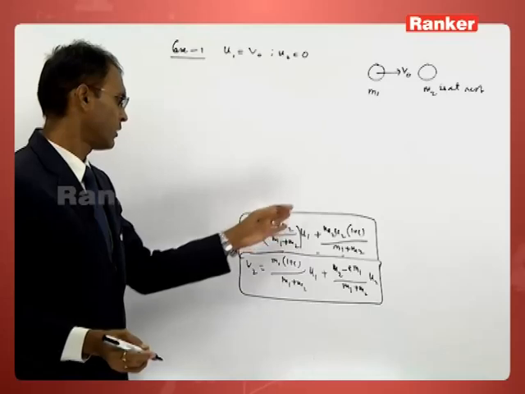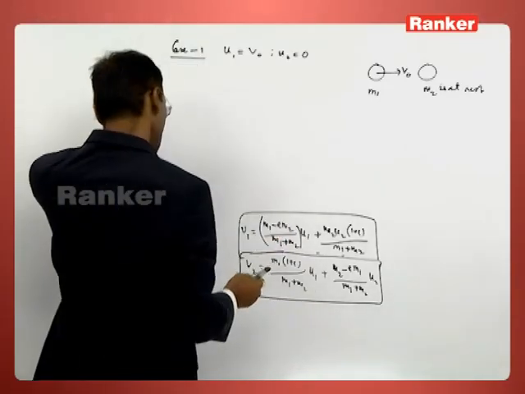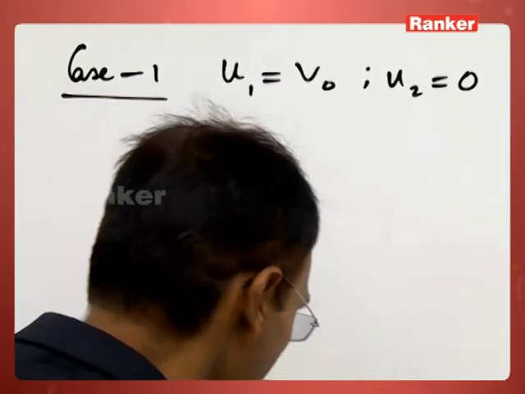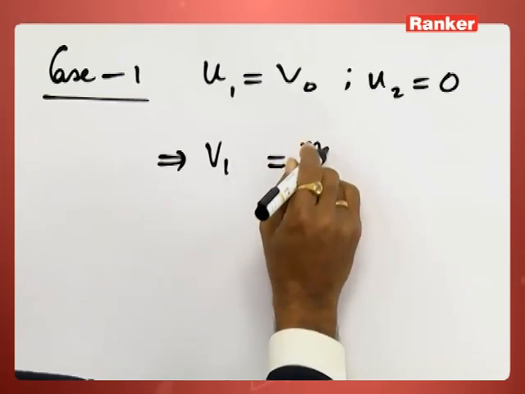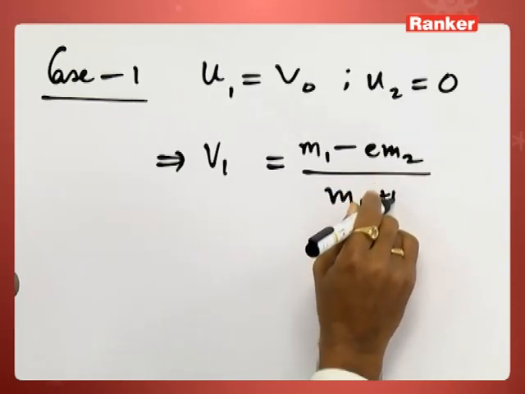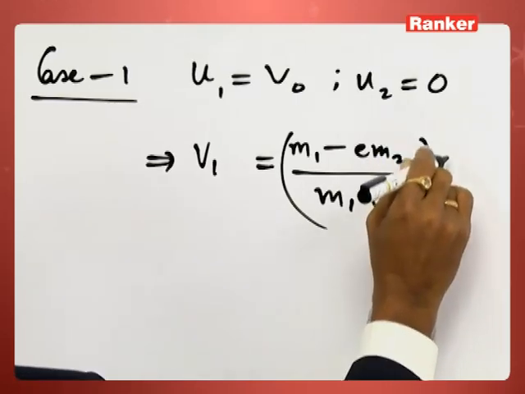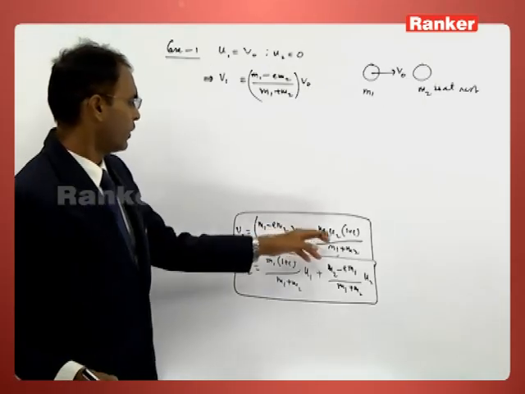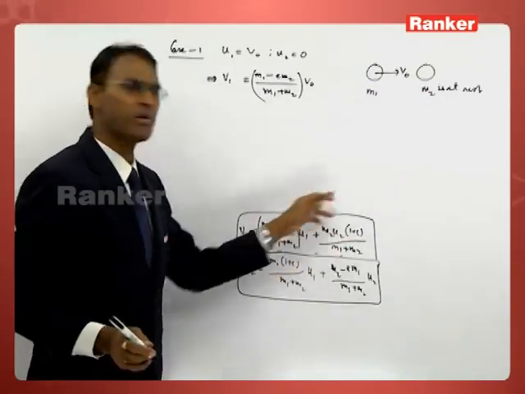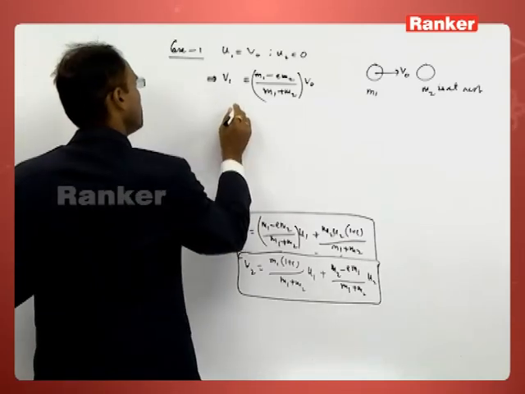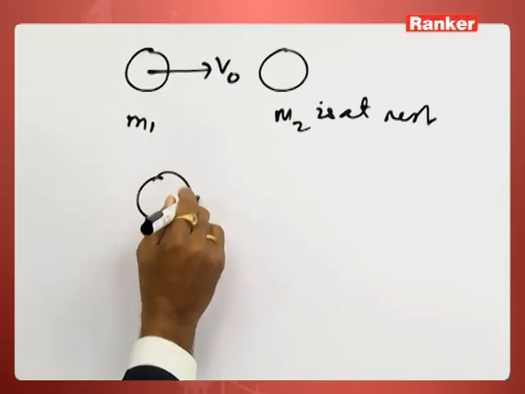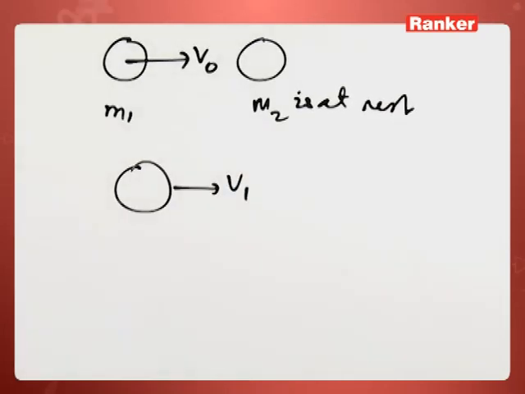Substituting these in the two formulae, you are getting V1 equal to M1 minus E into M2 by M1 plus M2 into V0. Since U2 is 0, because the second body is stationary, this factor will vanish. So, this is the velocity of body M1 just after the collision.